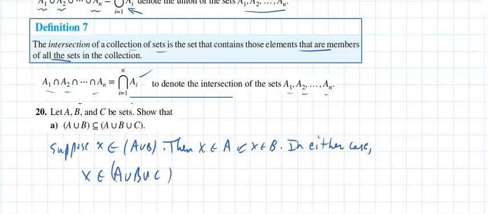Since it is in A or B, it's automatically in that set, because a union would be in at least one of them.